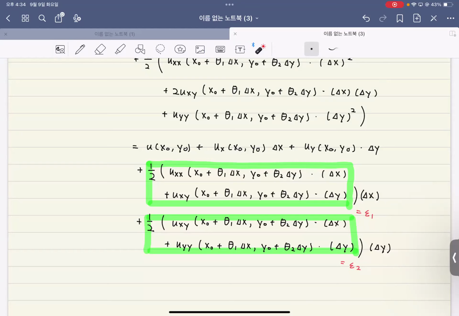And since u_xx and u_xy are both continuous functions, these second derivatives are completely well behaved and bounded near x0 and y0, right? So both are bounded. Therefore, as Δz tends to 0, this entire epsilon 1 also tends to 0, right? And the same is true for epsilon 2: as Δz tends to 0, epsilon 2 also must tend to 0, right?